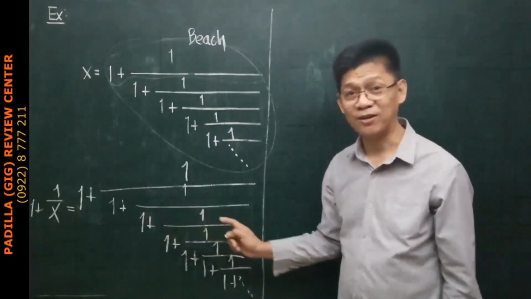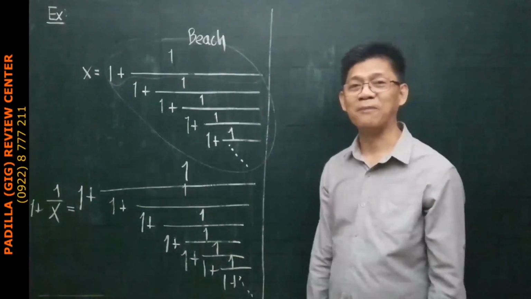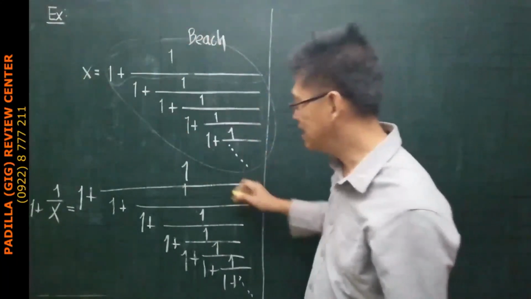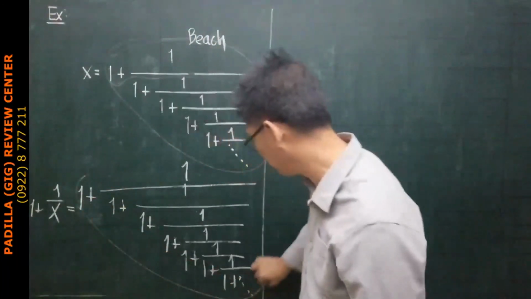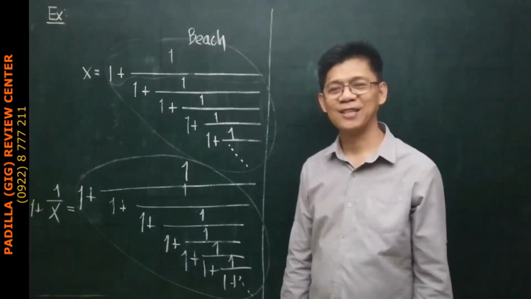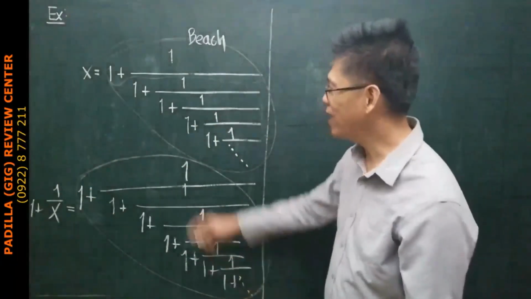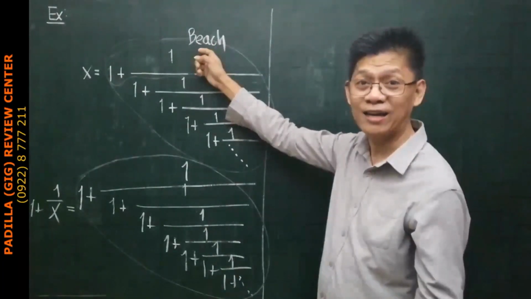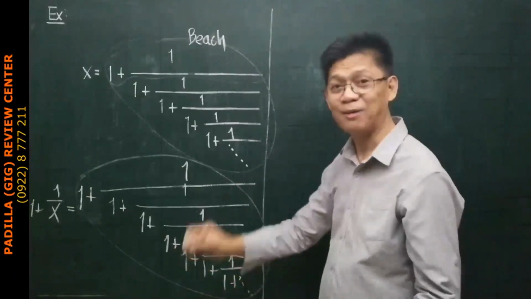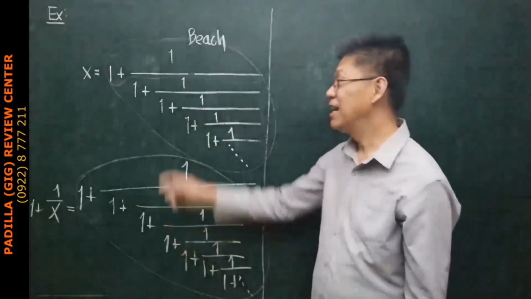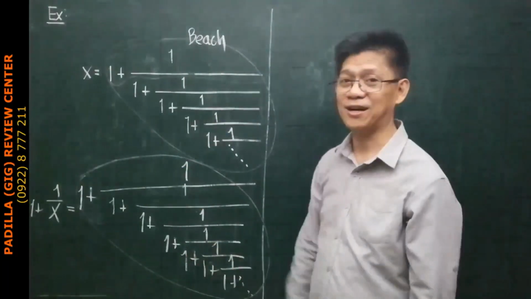They remain equal, right? Tama. Now, this is the beach. This is the beach plus 1 grain of sand. Correct? Tama. So, what can you say about the beach, Boracay, and Boracay plus 1 grain of sand? They're the same, right? This and this are the same.